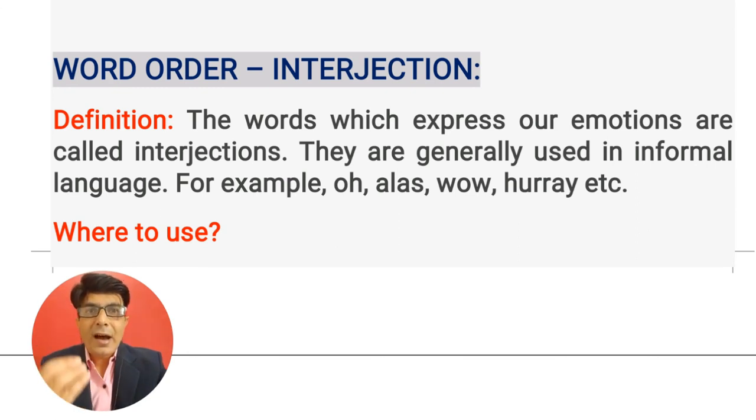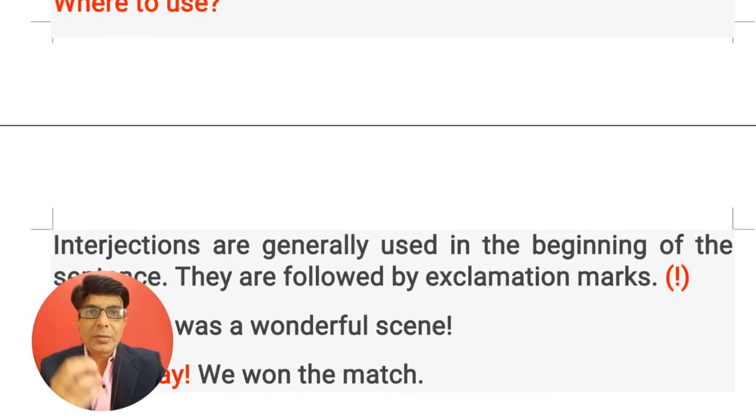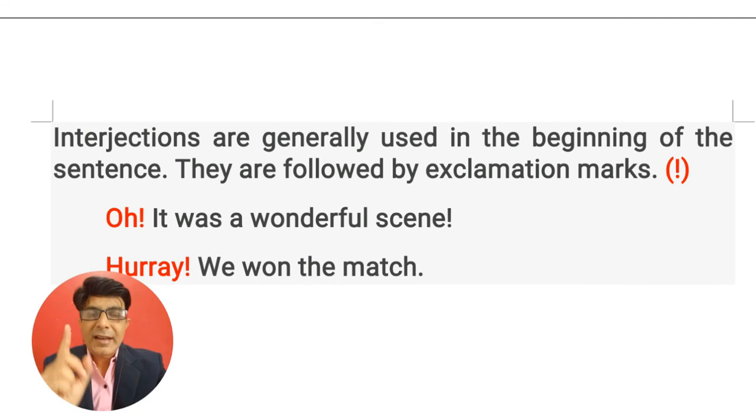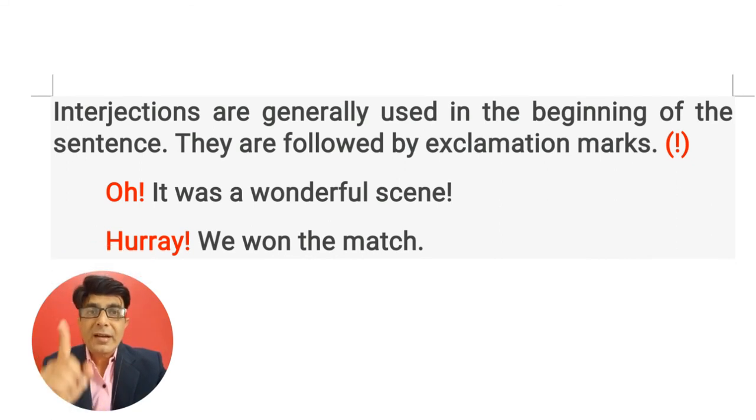These words are known as interjections. Now the question is, where to use these interjections? Remember, interjections are always used in the beginning of your sentence, and they are always followed by the exclamation mark.